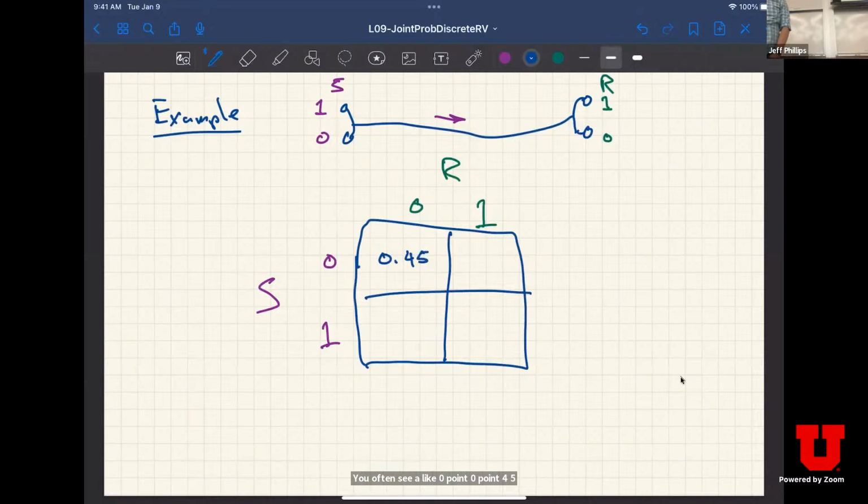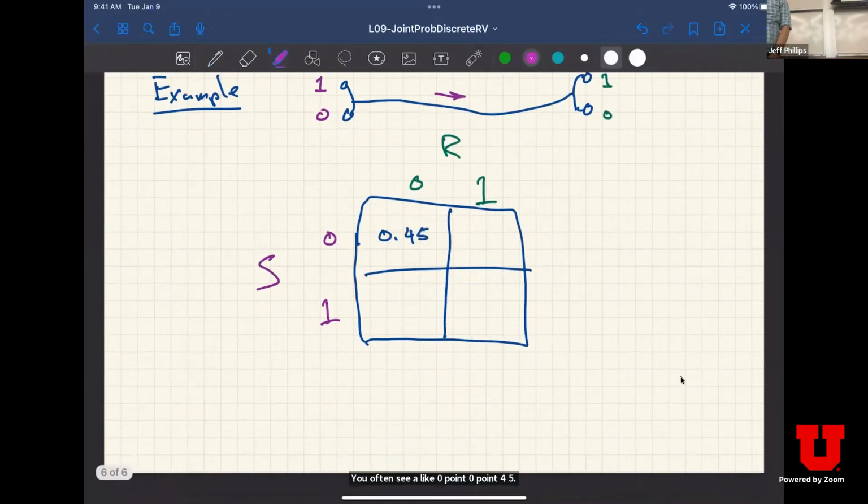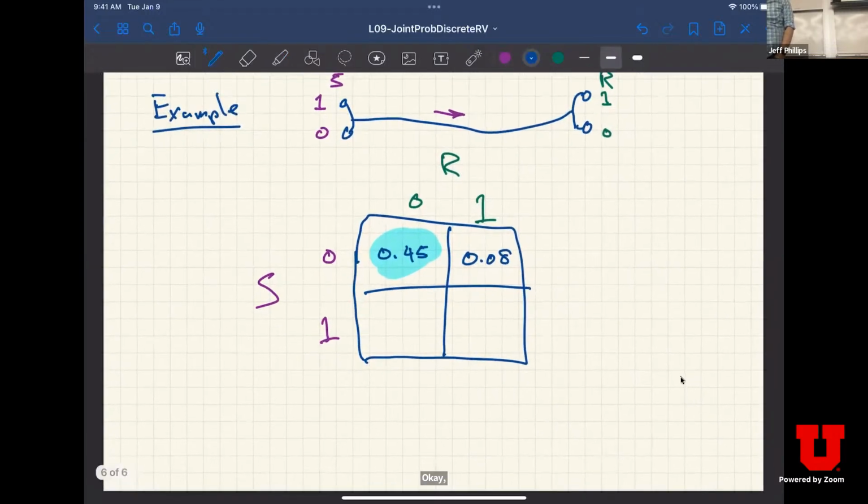So what this represents here, this value inside here, is the probability the sender puts in a 0 and the receiver is going to output a 0, right? Is going to receive a 0. So both of those things happen. Sender puts in a 0 and receiver outputs a 0.